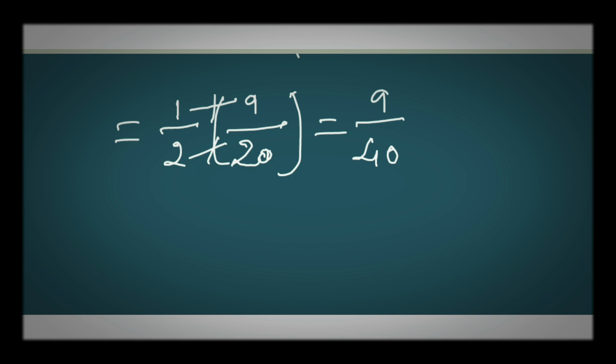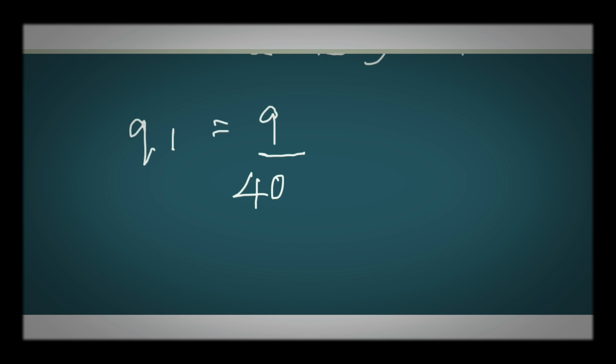Now the Q1 value is 9 by 40. I hope you understand this step. So carry on using the same formula to calculate the other variables like Q2, Q3, Q4 respectively.